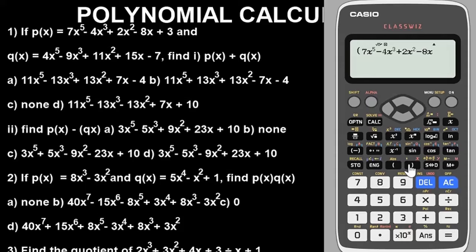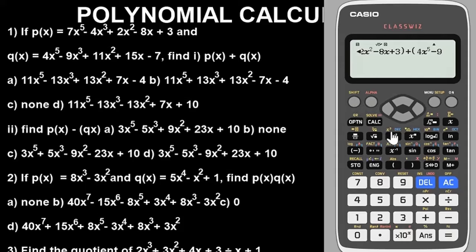Remember, we are doing addition, so plus, then the next polynomial, Q of x, which is 4x, alpha x, raised to the power 5, minus 9x cubed, that's 9x cubed rather.